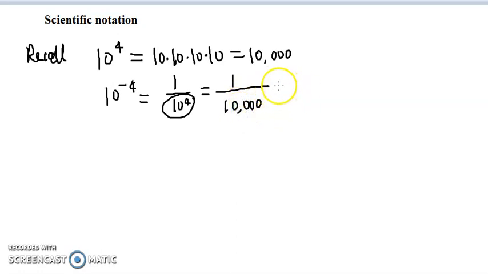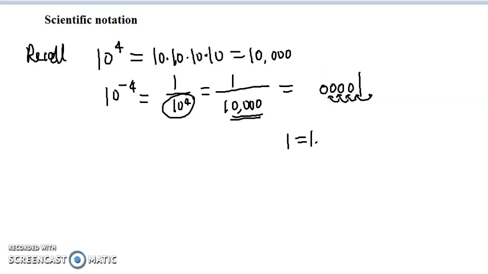And suppose we do it by decimal, 1 divided by 10,000, the quicker way to do it is to move the decimal point to the left 4 times. So I'm going to add a bunch of zeros here so I can move it 4 times. 1 does not have a decimal point, but it's considered as 1.000. So we're going to move that decimal point from the end to the left 1, 2, 3, 4 times.